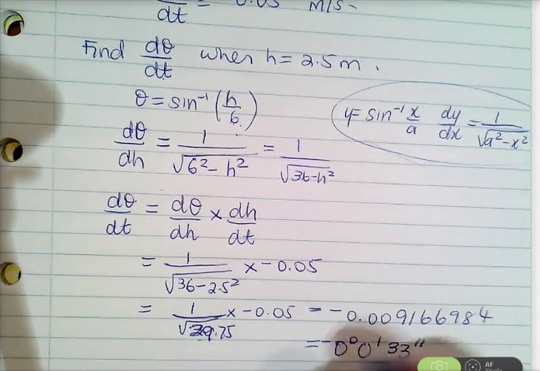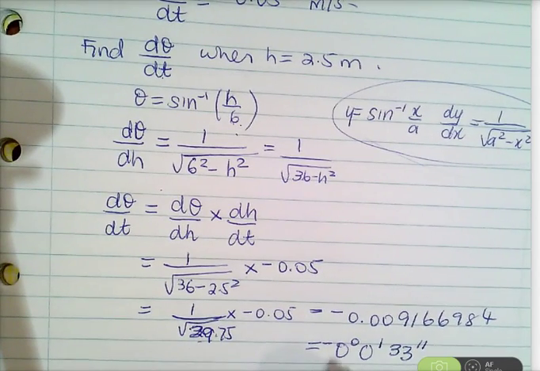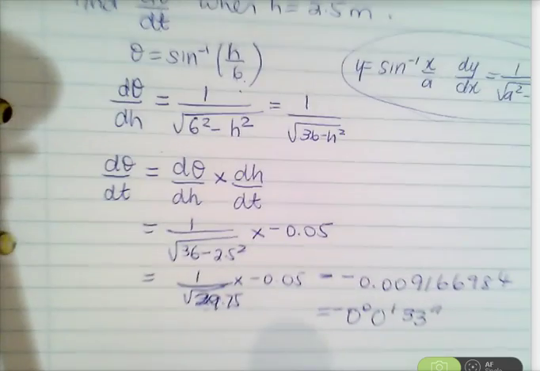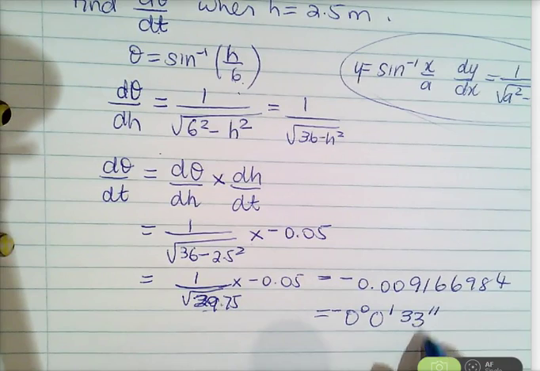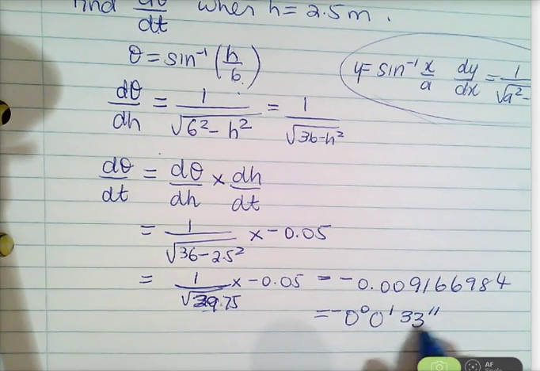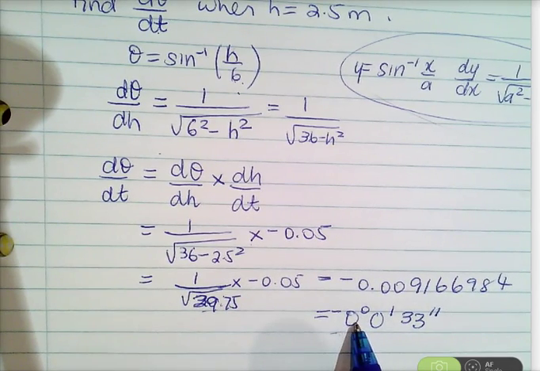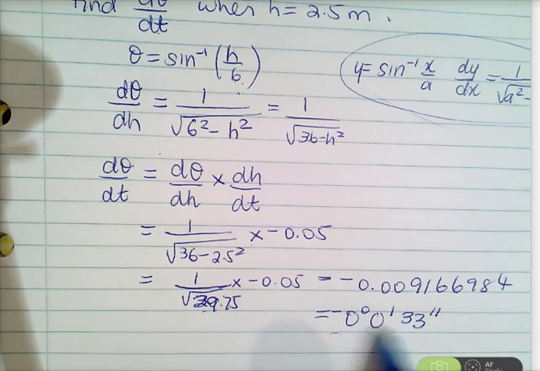Okay, and it's negative. And the reason it's negative is because the angle is getting smaller. So it's getting smaller by 33 seconds in terms of the angular measure. So it's getting smaller by less than a degree every second, way less than a degree.